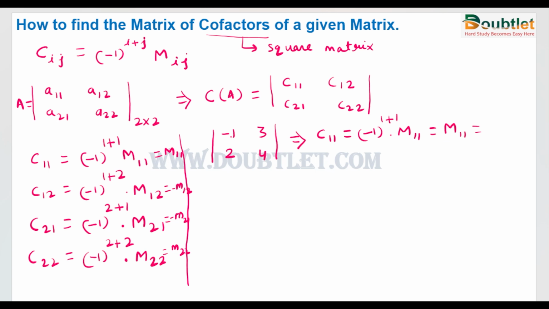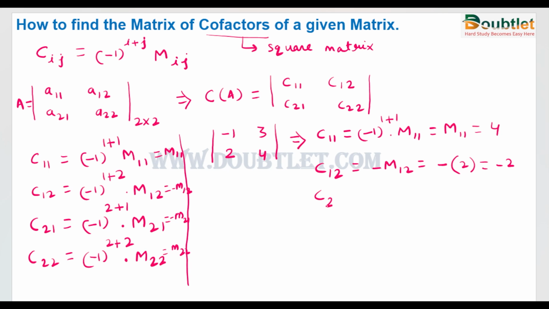M11 can be obtained by removing this row and this column, and this value is 4. So the value of M11 is 4. For C12, it will become minus of M12, so remove the first row and second column, and it will become 2. So we can write this as minus 2.